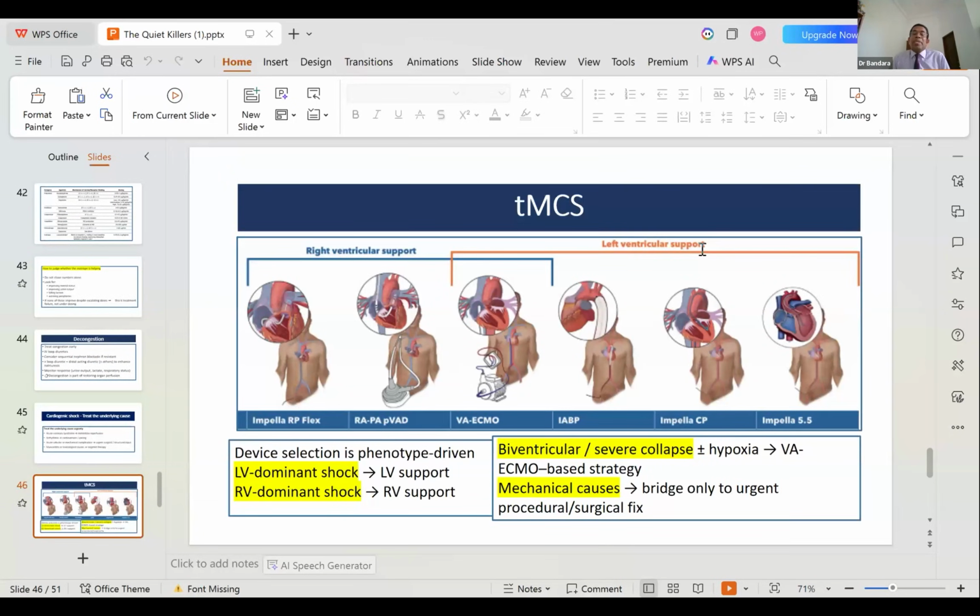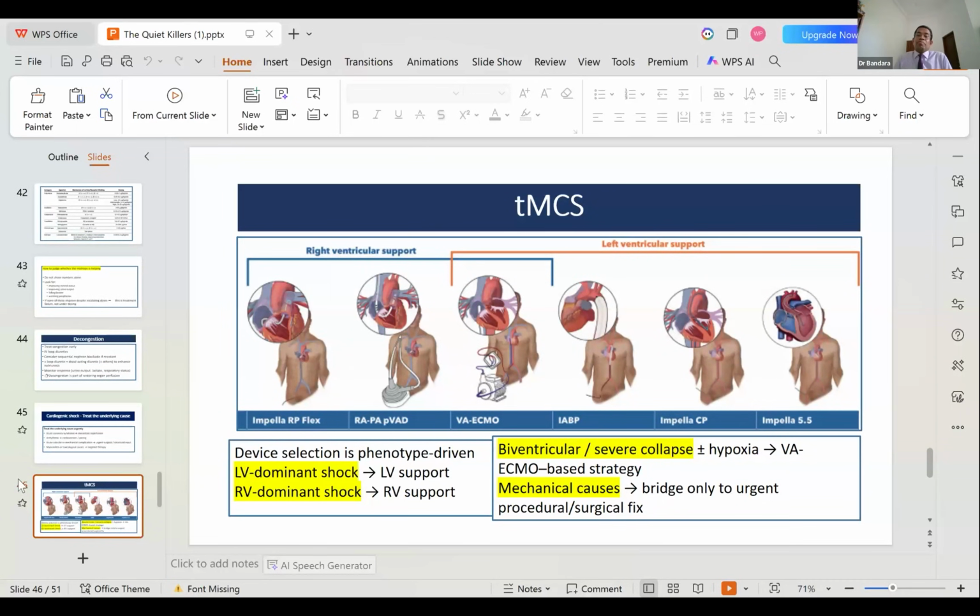There are mechanical devices. I don't want to explain them in depth. For left ventricular dominant shock, you can see there are a couple of devices for the left ventricle on your right and the right ventricle on your left. You know the Impella and IABP. These are useful in patients with left ventricular failure. And the Impella RP is important for patients with right ventricular failure.